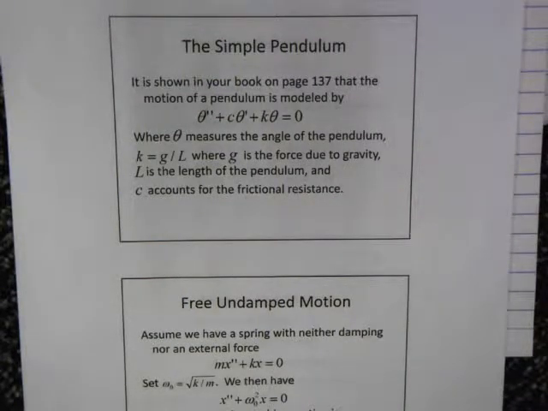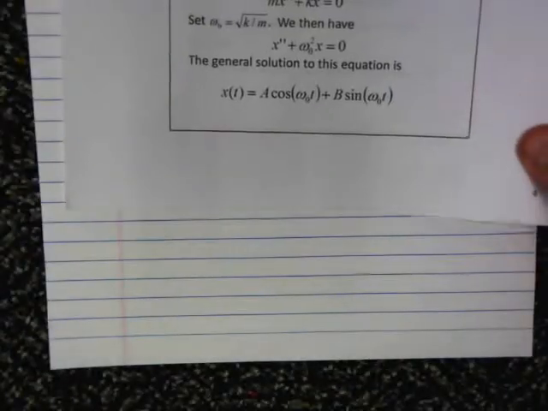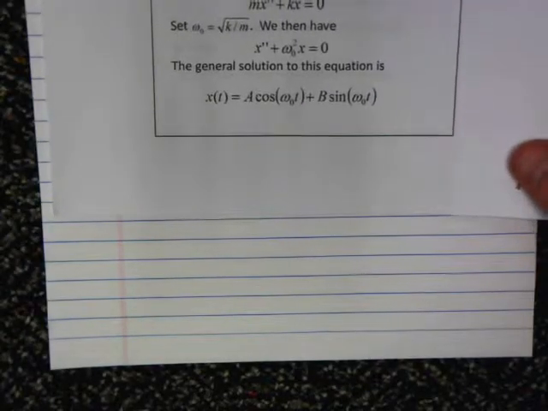So the movements of a pendulum are exactly the same as the movements of a spring. Absolutely no difference from a mathematical standpoint. They just look different in motion. All right, so now we're going to solve that differential equation.